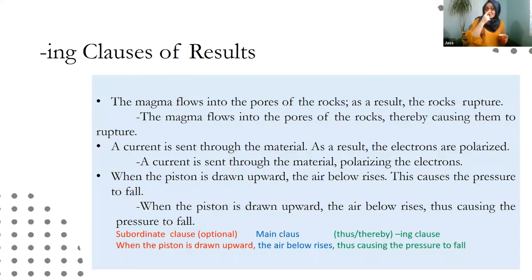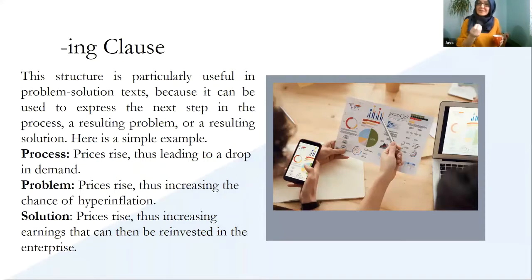This is what I want from you guys, because being able to form different types of sentences is very important, because you don't want the reader to see the same type of sentences again and again. We want effective articles. Okay, now with ing clauses, we can form different types of sentences.